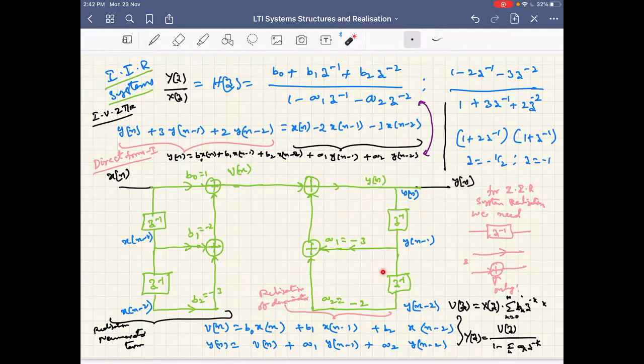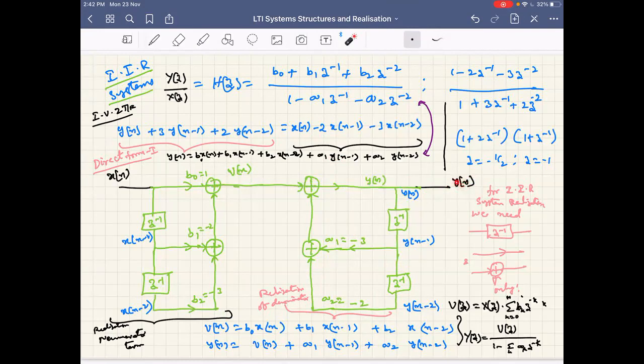So this is now realizing the denominator term, and this is for realizing the numerator term. You can see here the IIR system realization has a numerator term and a denominator term. Realizing both together and putting them together in a proper sequence will give us y of n.